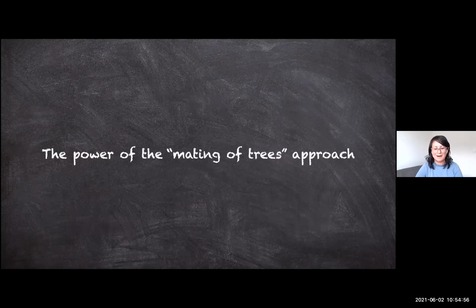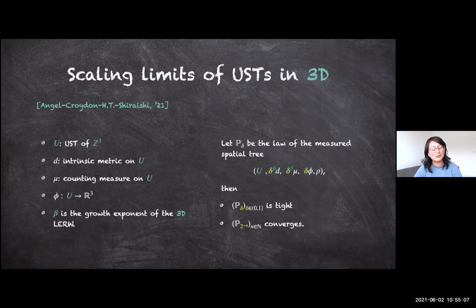good, what is the power of the mating of trees approach, and why it's interesting to have these constructions in these different cases. And for this, I want to talk about what I do in 3 dimensions. So this is the result that we got for the scaling limit of uniform spanning trees in 3 dimensions. And as you can see in this slide, this is formulated in a very general context that is valid in all dimensions.